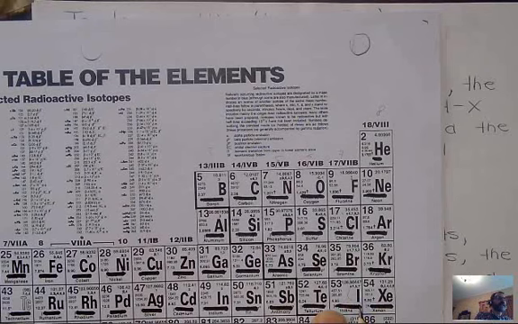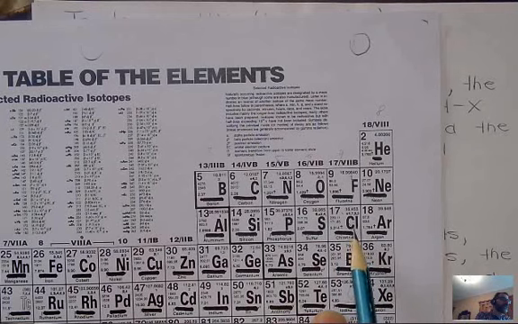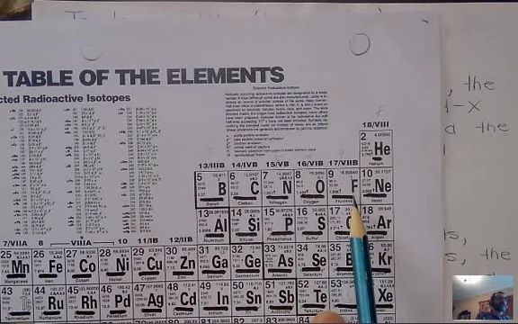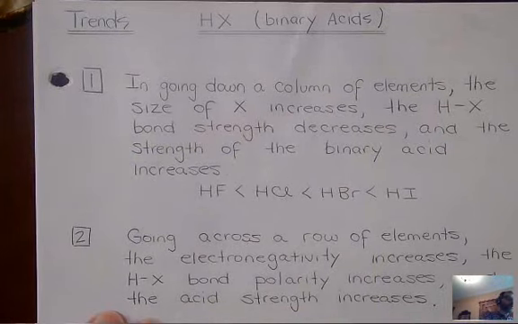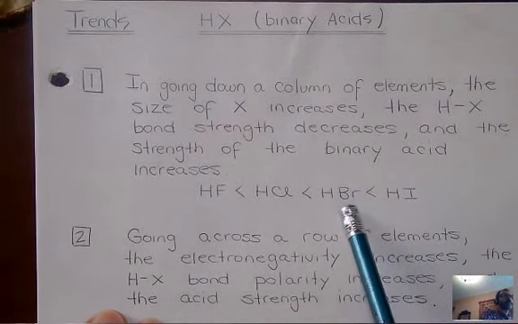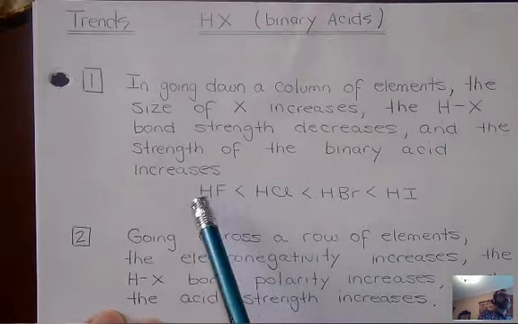In order for the acid to form, the HX has to ionize to H plus and X minus, and it's easier to make I minus than it is Br minus, than it is Cl minus, than it is F minus. So again, the strengths go hydroiodic, stronger than hydrobromic, stronger than hydrochloric, stronger than hydrofluoric.